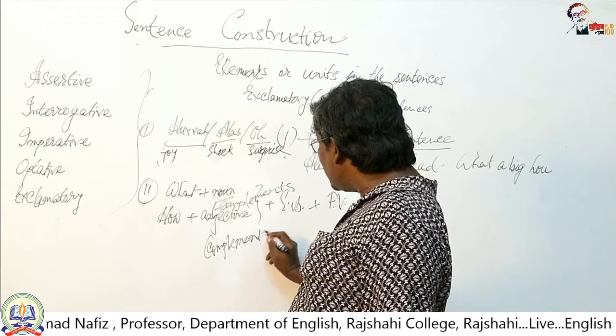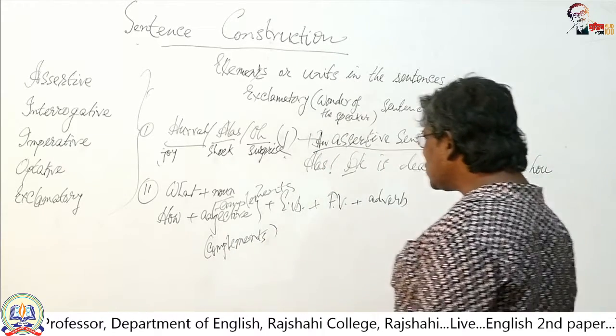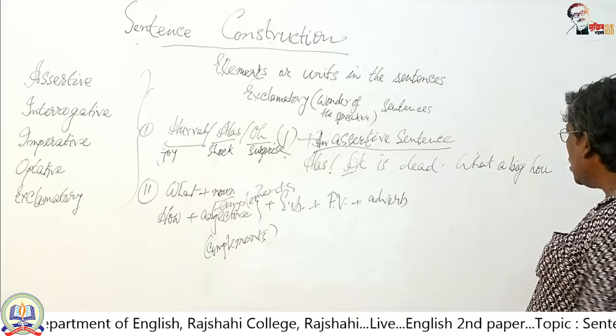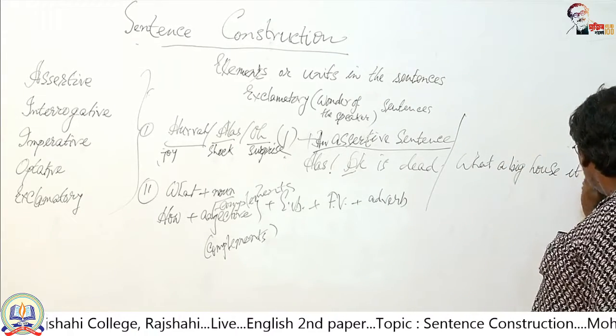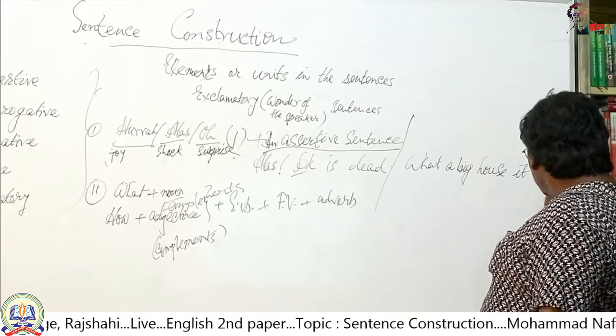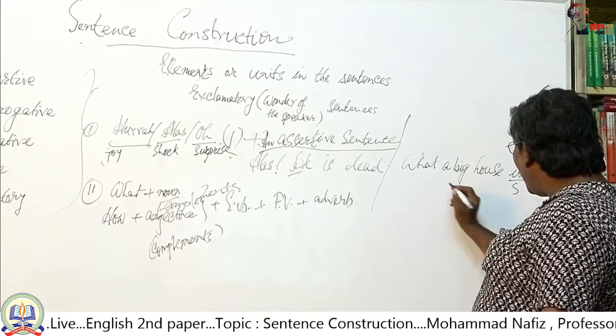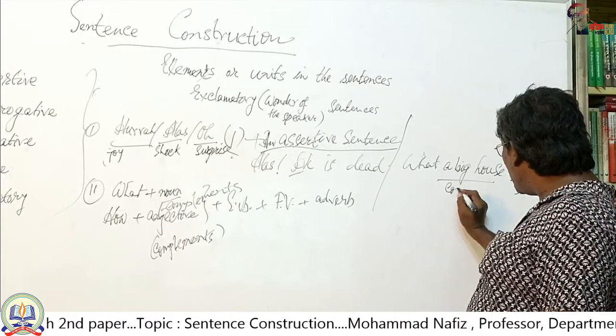So complements in the exclamatory sentences are used before the subject. What a big house it is. It is the subject and a big house is the complement of the subject.